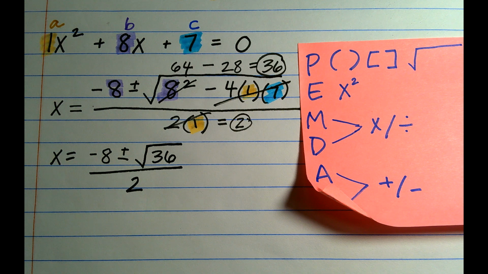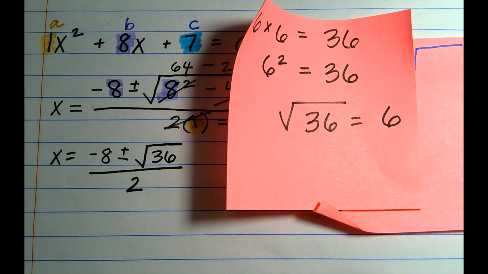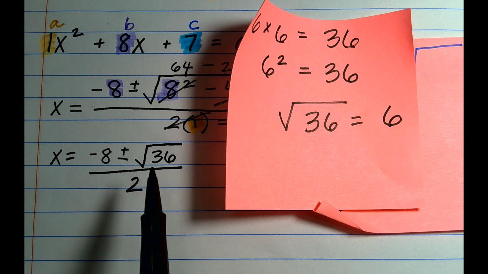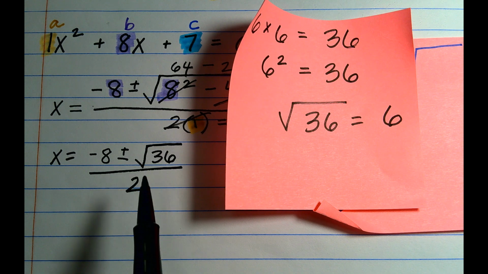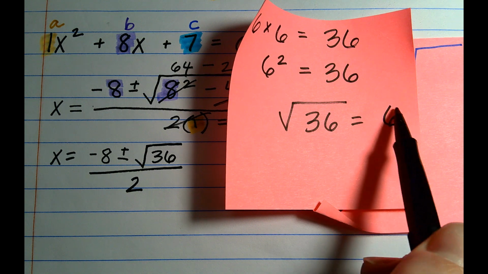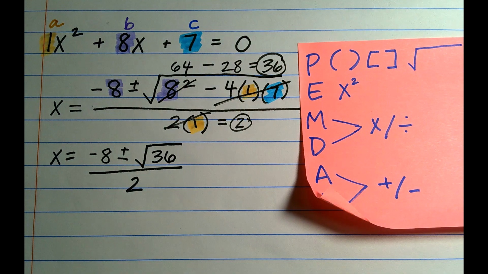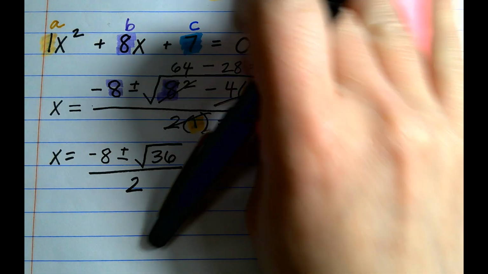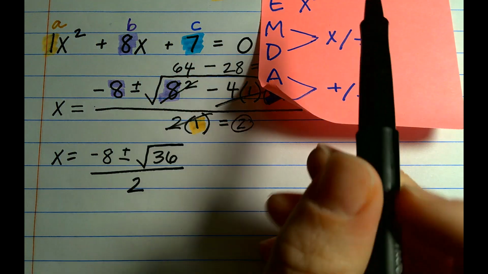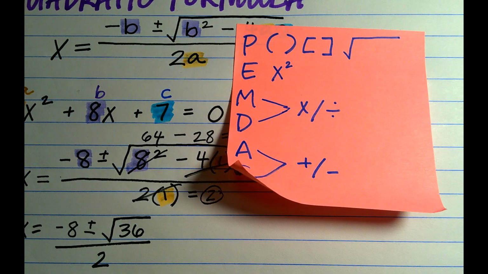Now, it's funny that this ended up being the problem because I just gave this to you. If we can actually find a number that works for the square root of 36, which in this case is 6, then we can get rid of the square root and make the problem a little easier. So using our order of operations, we still have a square root to do first.